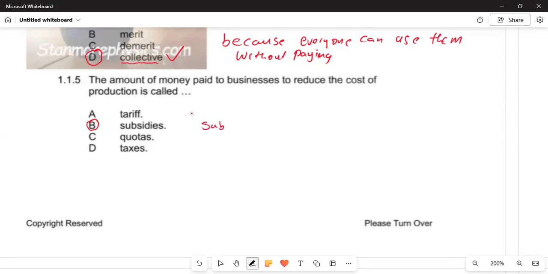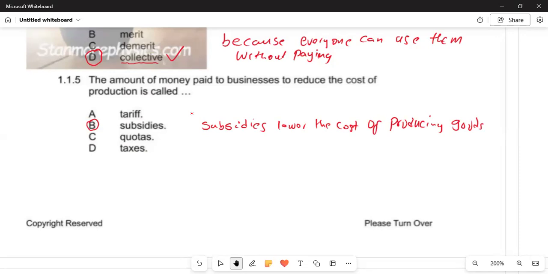So it is because subsidies lower the cost of producing goods, trying by all means to encourage more output or making products cheaper for consumers.